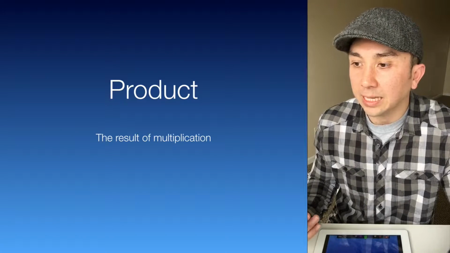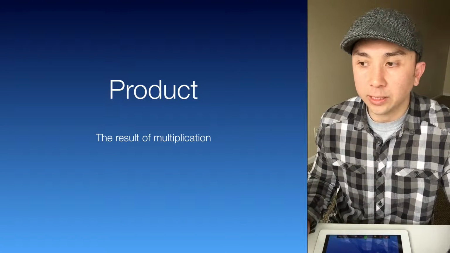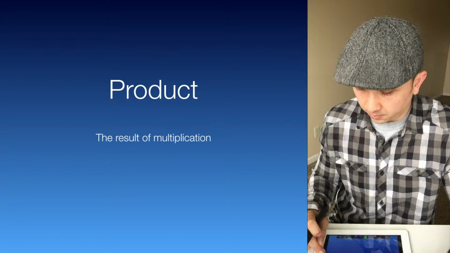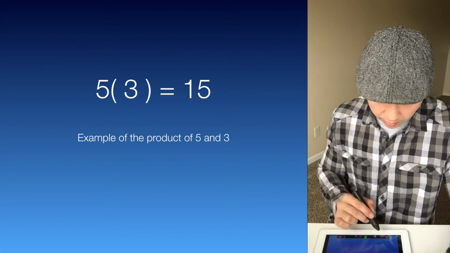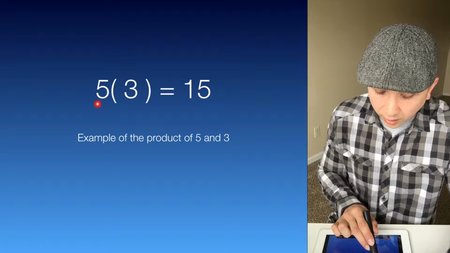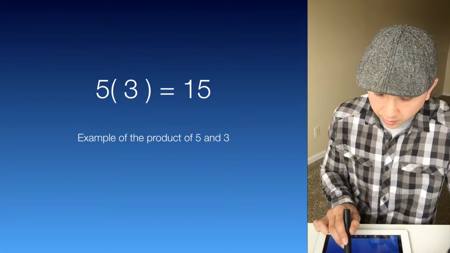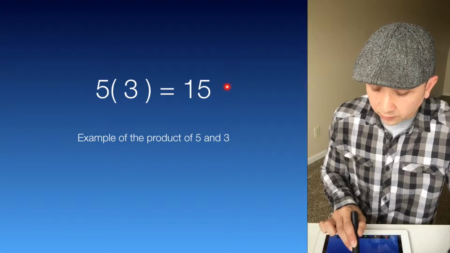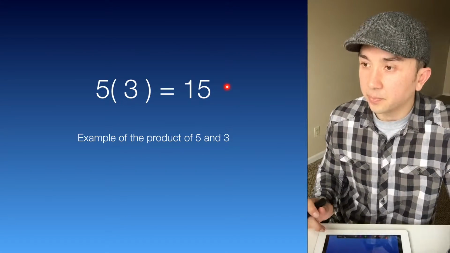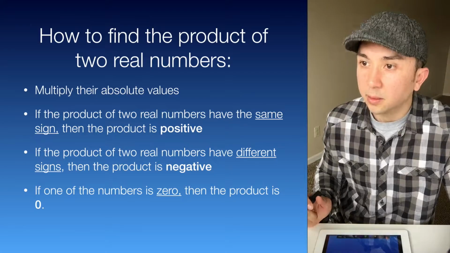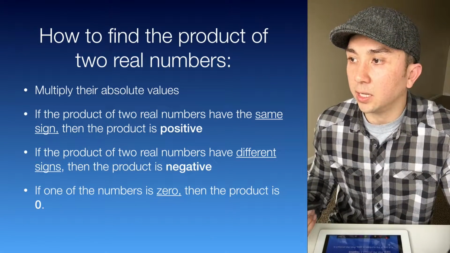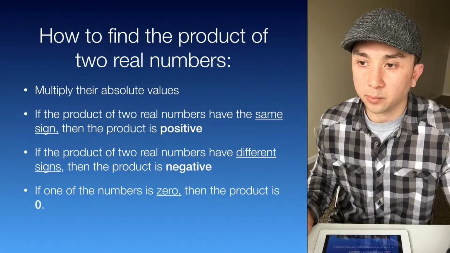So the product is the result you get when you multiply. So for example, when we multiply 5 times 3, our product is 15. So here's how to find the product of two real numbers.